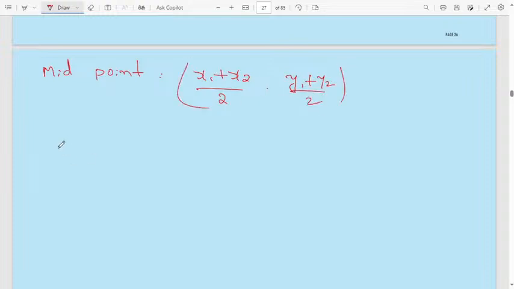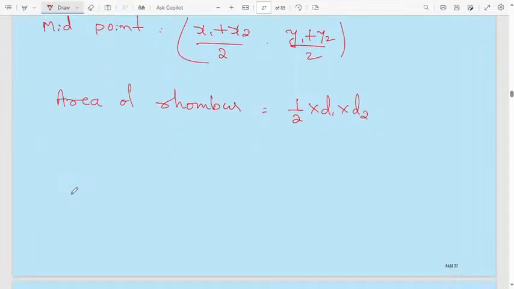Then area of a rhombus is half into multiplication of diagonals d1 into d2. Then area of a triangle when they give the vertices, we will use the formula half into mod of x1(y2 minus y3) plus x2(y3 minus y1) plus x3(y1 minus y2).